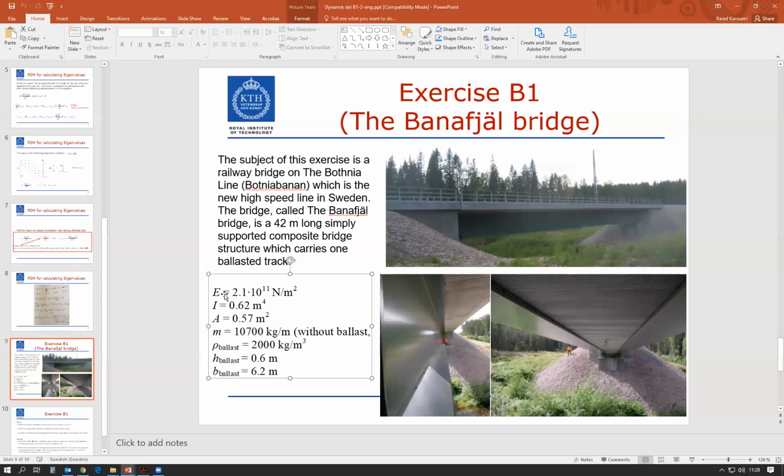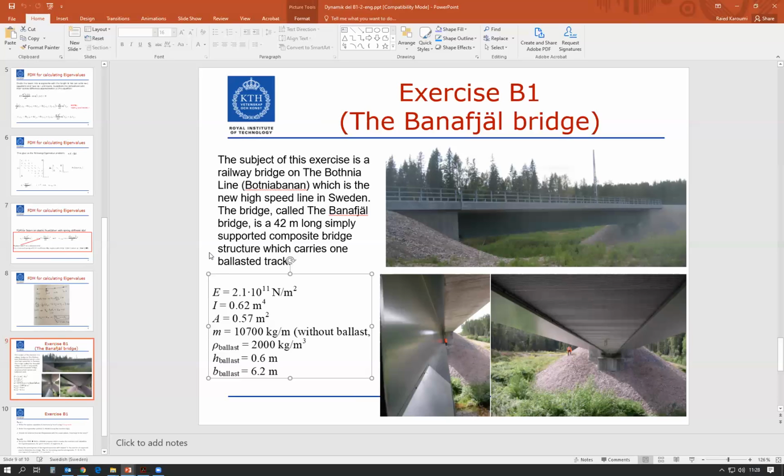So in the future, when we want to run trains at higher speeds, we will be able to do that without having vibration problems in the bridge that can lead to ballast instability, that the ballast will start to move and the track will get unstable, or that can lead eventually to fatigue problems in the steel due to the high vibrations and deformations. So that's why we find this bridge interesting to study.